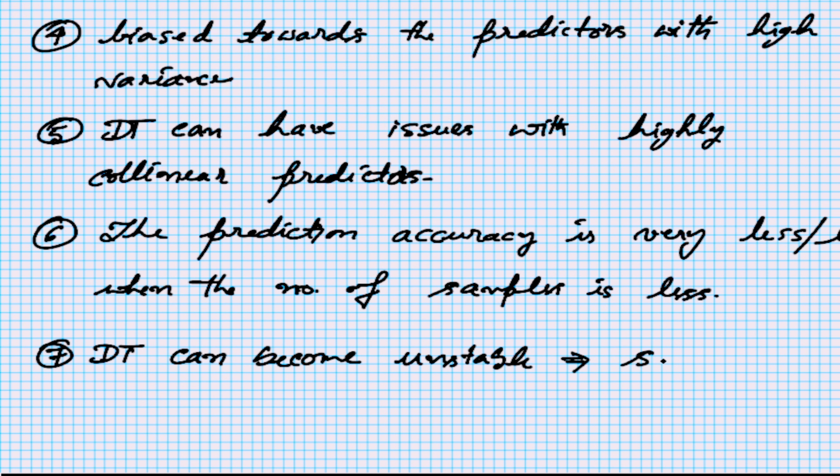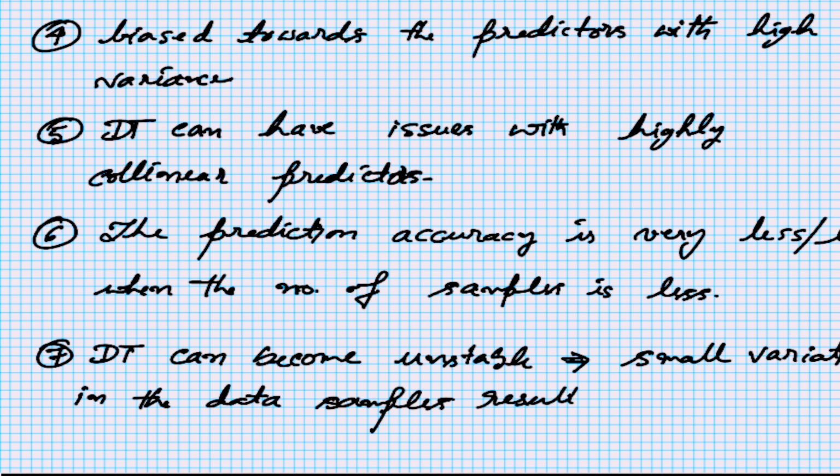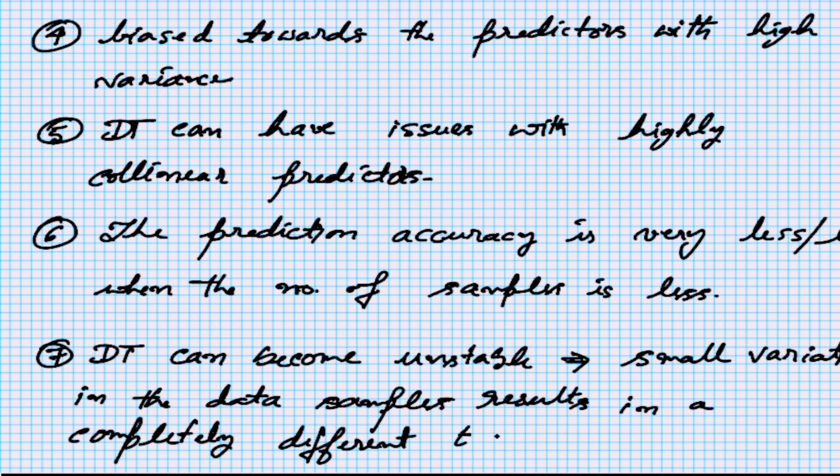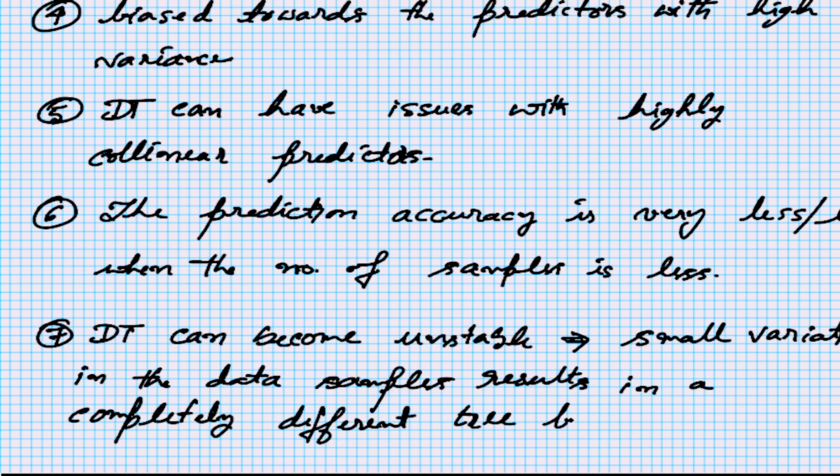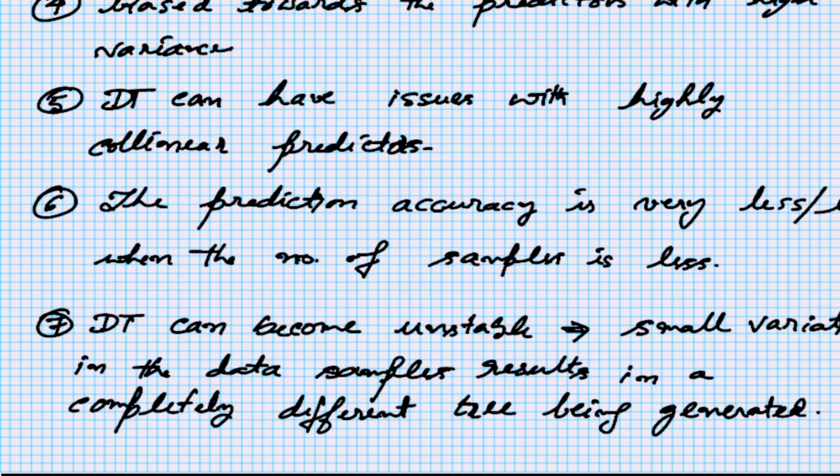If you have small variations in the data samples, it might result in a completely different tree being generated. So the technical term used here is unstable.